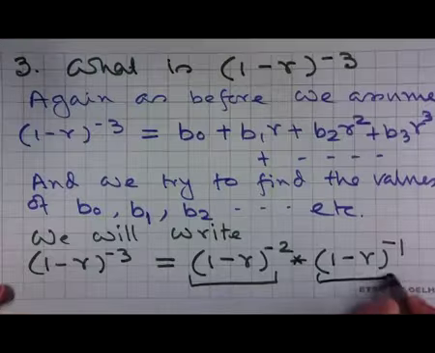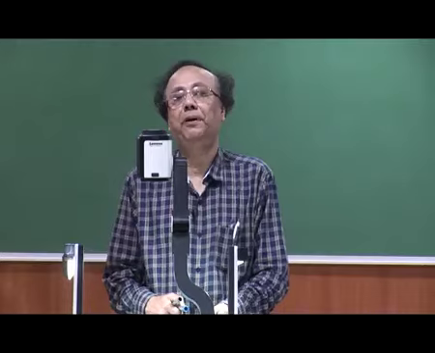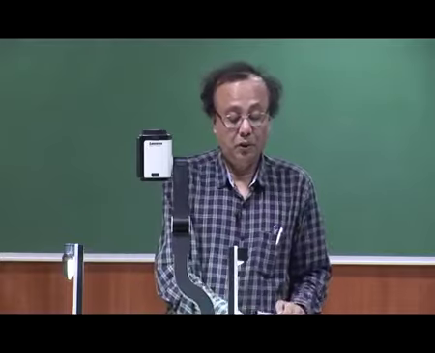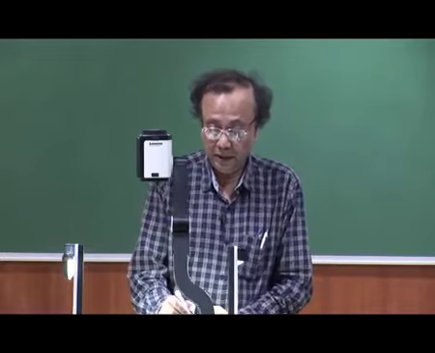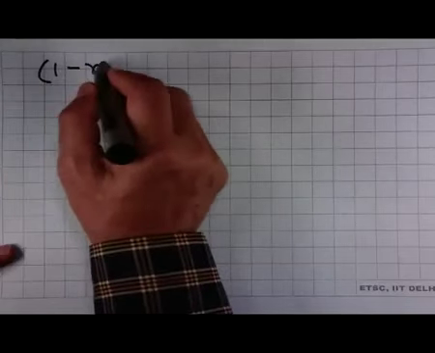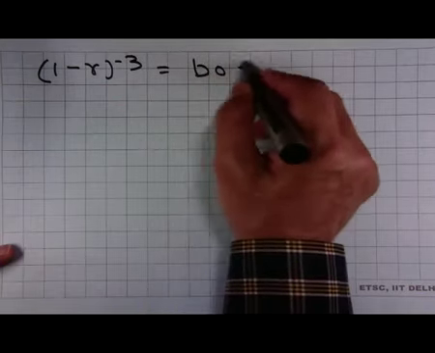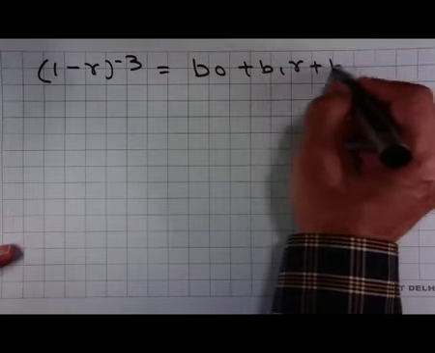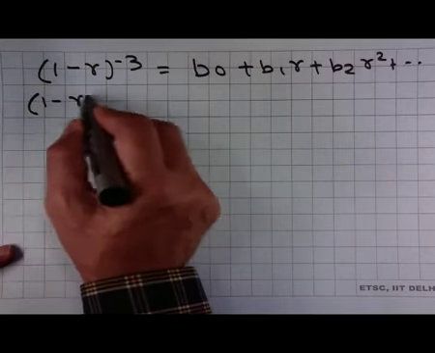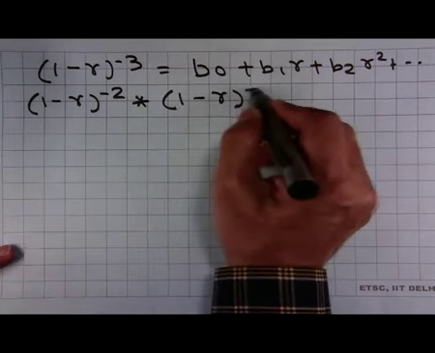Therefore, the way we have done for (1 minus r) whole to the power minus 2, we will try to do in a similar way for (1 minus r) whole to the power minus 3.